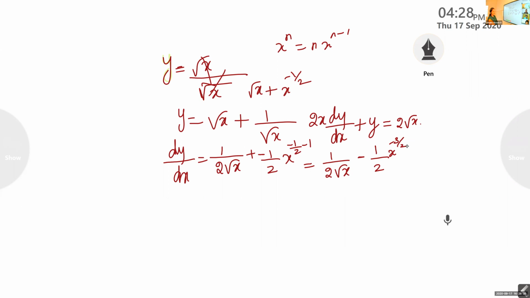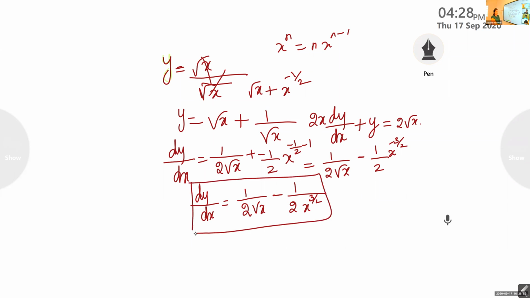So dy by dx is equal to 1 by 2 root x minus 1 by 2 into x raised to 3 by 2. Power is negative, so we are taking it to the denominator.